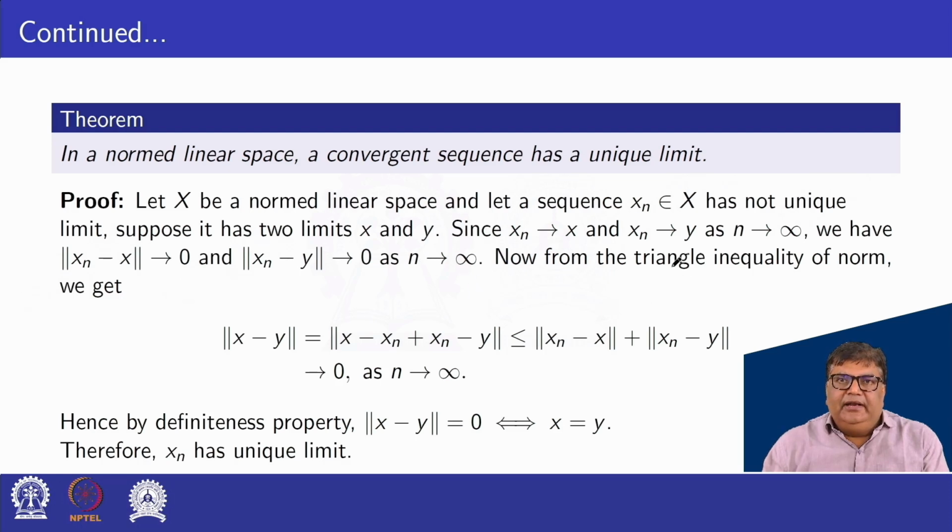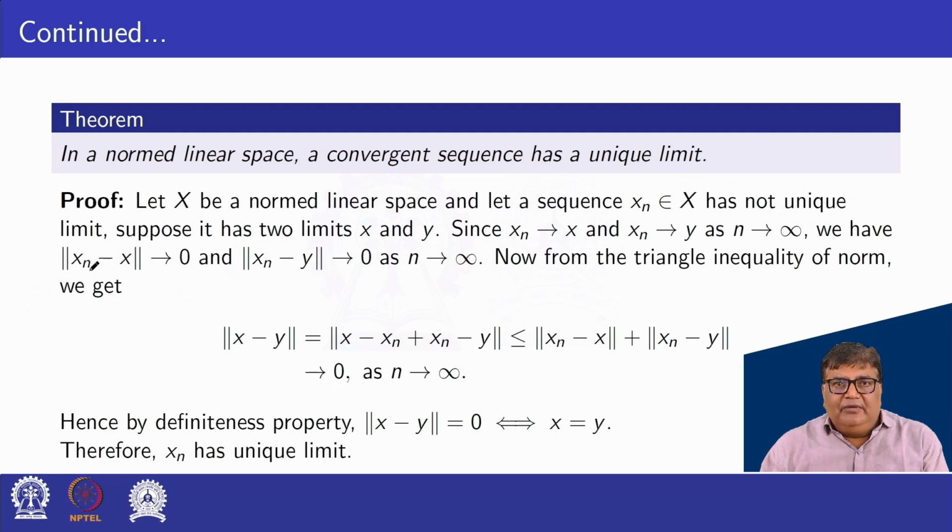Now from the triangle inequality of the norm, we get norm x minus y equals norm x minus xn plus xn minus y. We have added xn and subtracted xn. Applying the triangle property of norm, this is less than or equal to norm of xn minus x plus norm xn minus y.